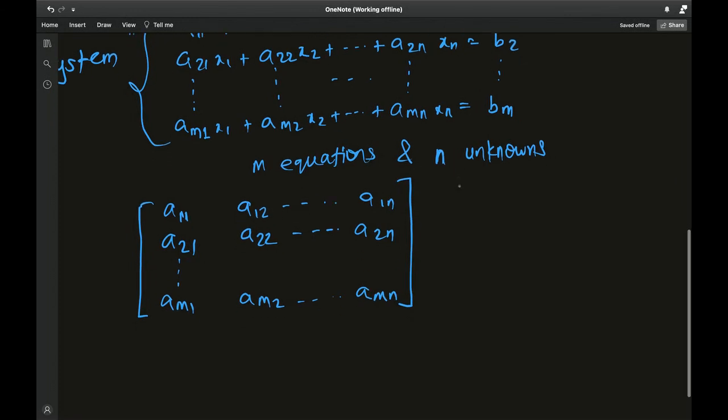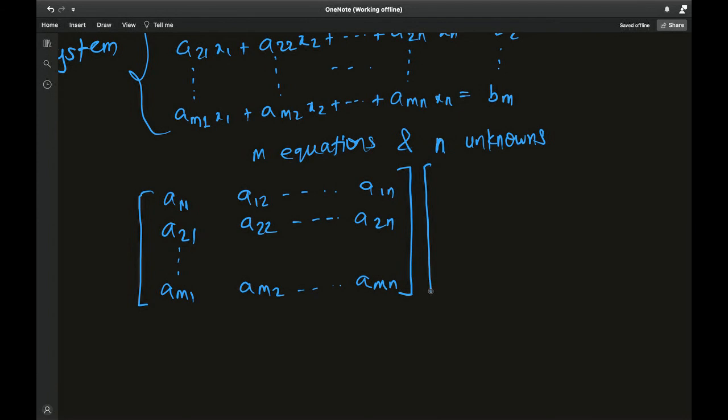This matrix multiplied with the unknowns is equal to, well, these b1, b2, bm.